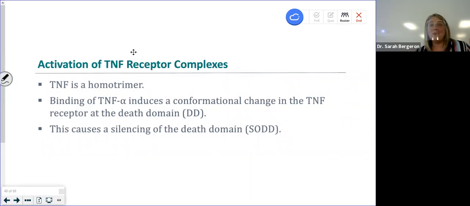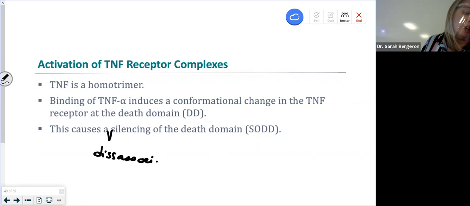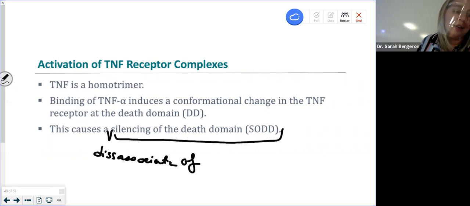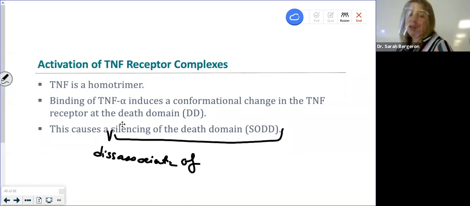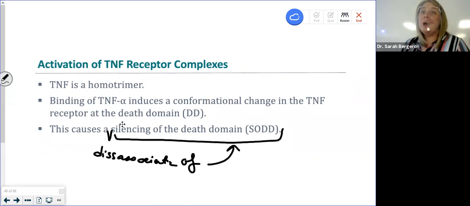I kind of like the names on these. It's just a little something different, right? So what happens when TNF alpha binds and we have that conformational change? It causes a disassociation of this protein called silencing of the death domain. So you have a disassociation of a silencing protein.